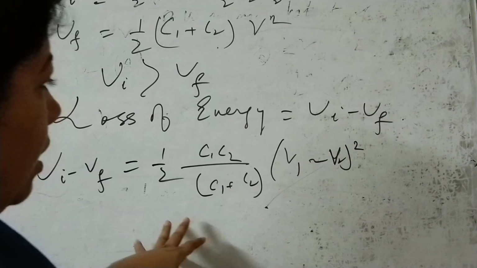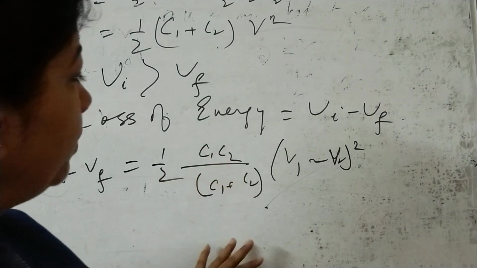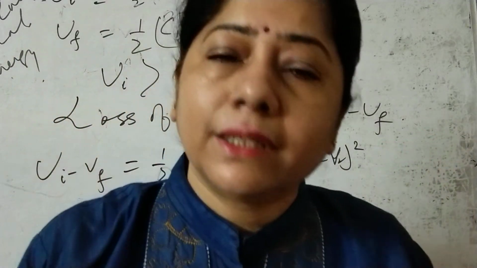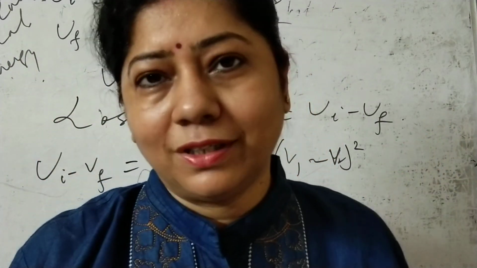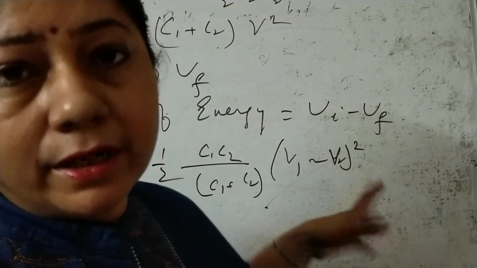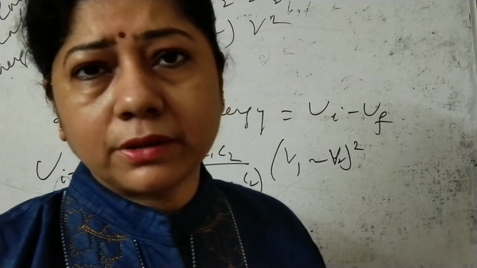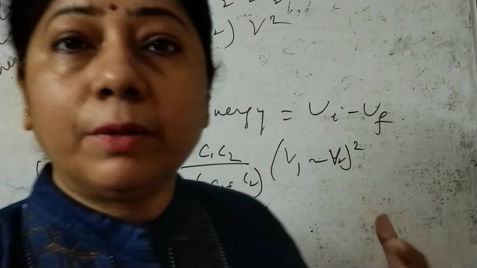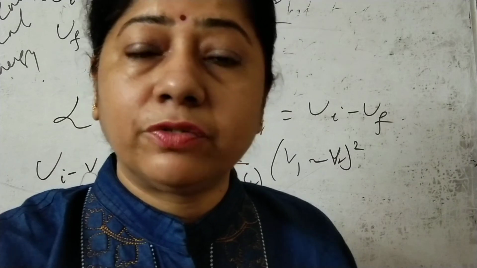When you get this equation, you find that C1 and C2 can never be negative. The capacitance of a conductor is never negative; it is always a positive quantity, right? Now V1 minus V2 may be positive, but it may happen that the potential of the second was greater and the first was less.